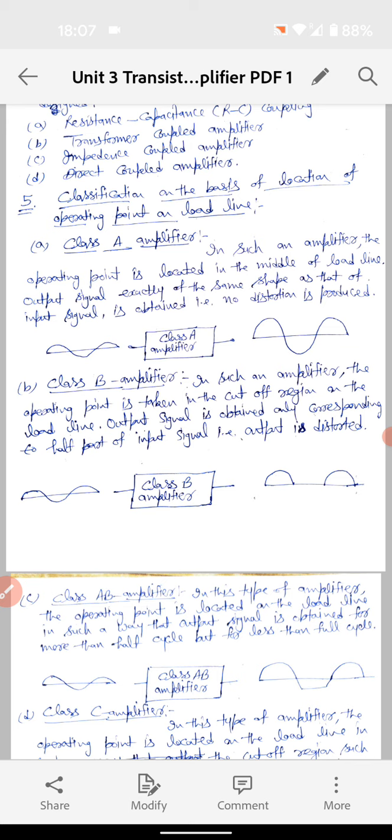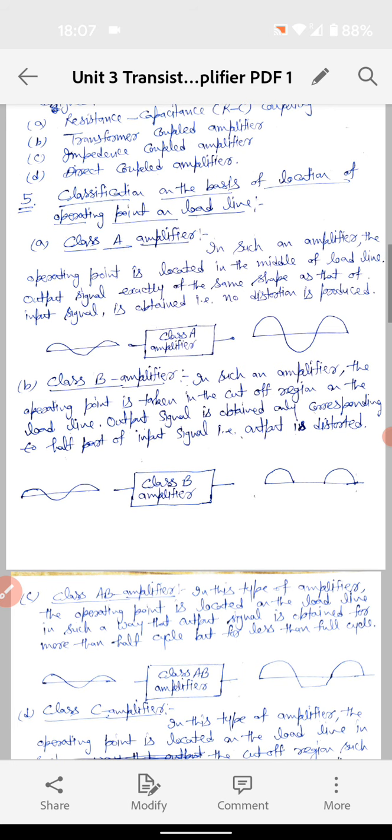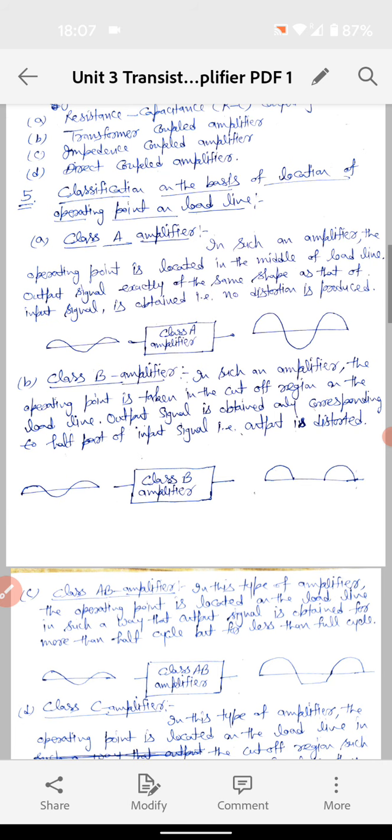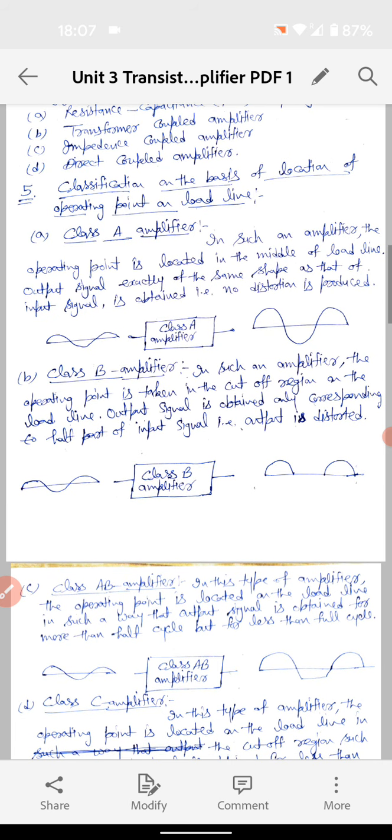Here you have seen the input signal is like this. It is a sinusoidal input, and corresponding to that we get an output, but as we see, we do not get the output for the negative half cycle of the input.